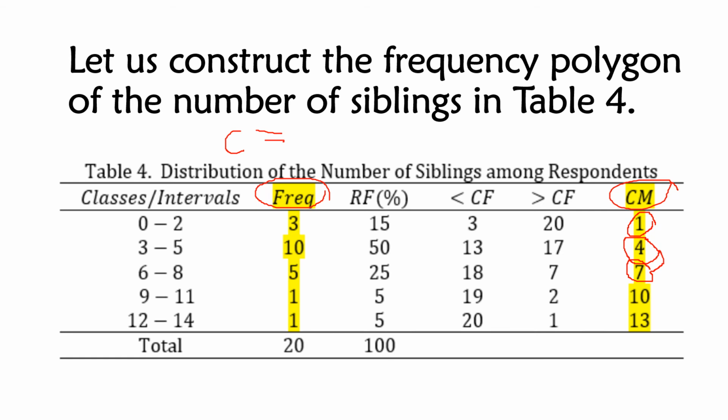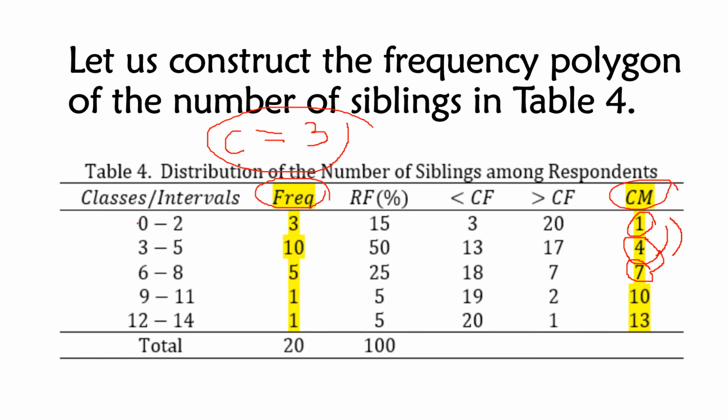We simply get the difference between the second class mark and the first class mark. So 4 minus 1 is equal to 3. So 7 minus 4 is equal to 3. 10 minus 7 is equal to 3. 13 minus 10 is equal to 3. So therefore, the value of C is equal to 3.